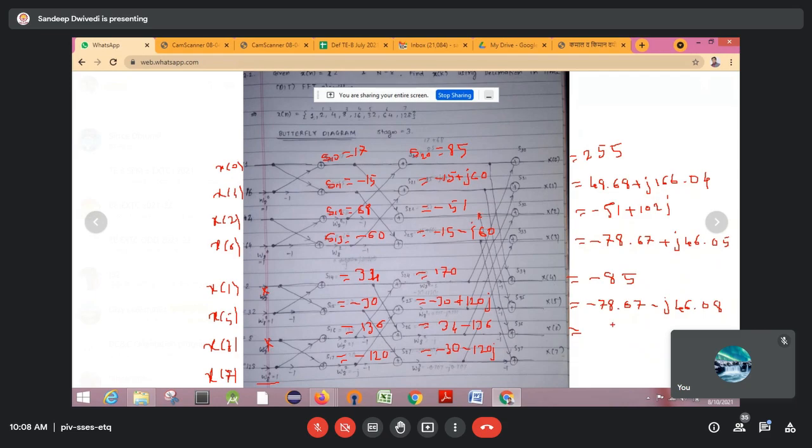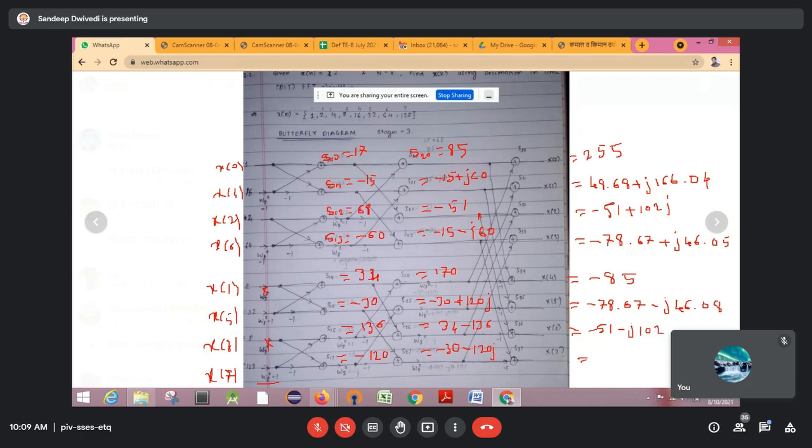So minus 51, it will take minus 51 and this value will be raised to power 2, meaning minus j, so minus j will multiply to this one, so this is 102 minus 102, so this will be plus j102, and minus sign is there, so this will be minus 51 minus j102.